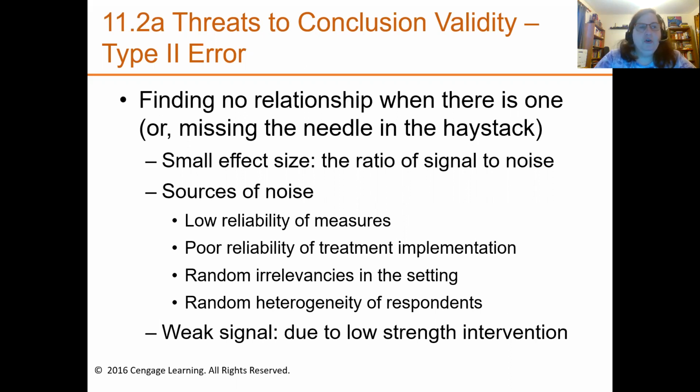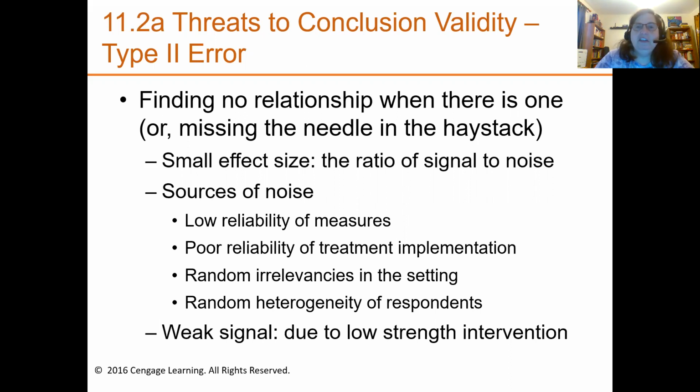Okay, so what are some sources of noise, the stuff that gets in our way of seeing our finding? Low reliability of measures. I know you're familiar with measures and the notion of how reliable they are. Poor reliability of treatment implementation.